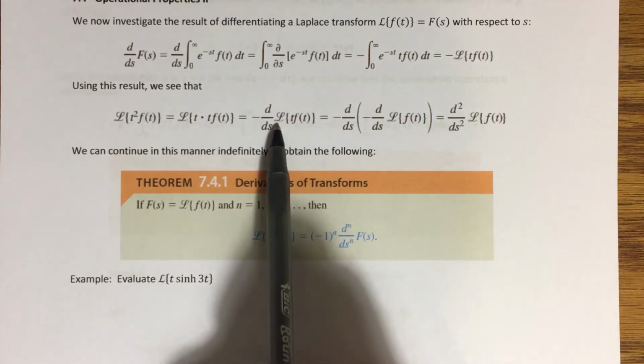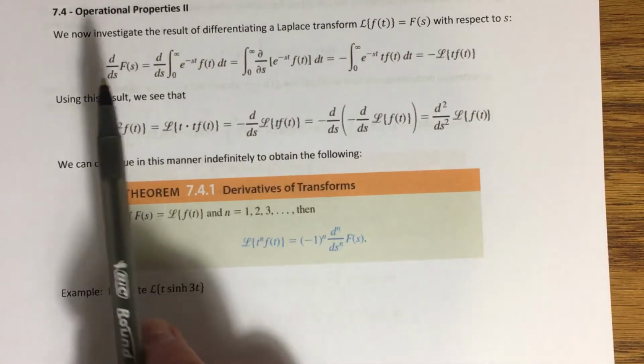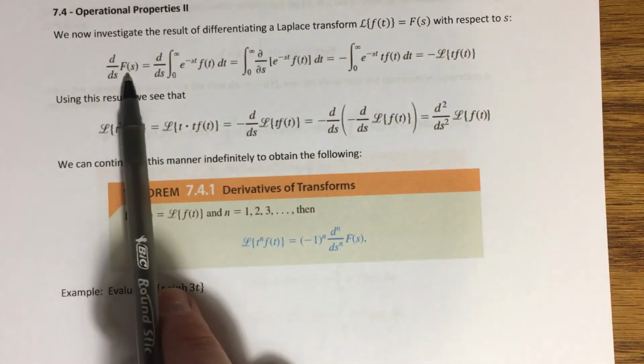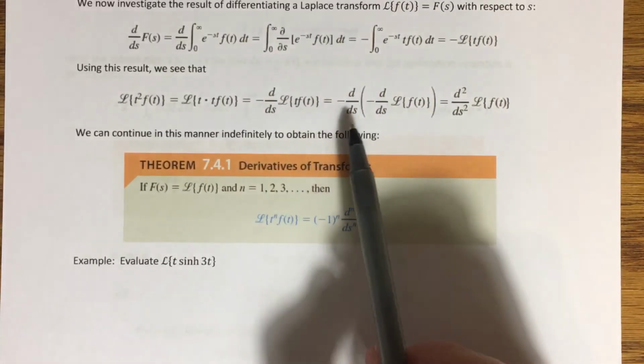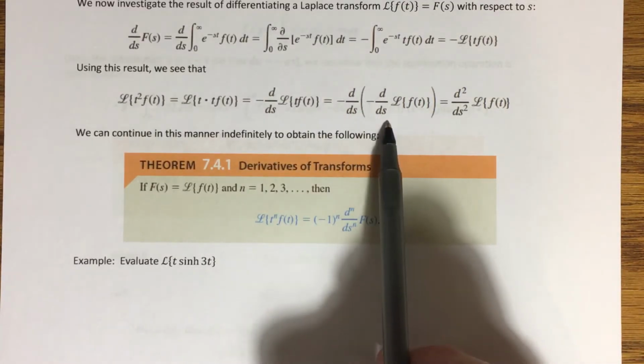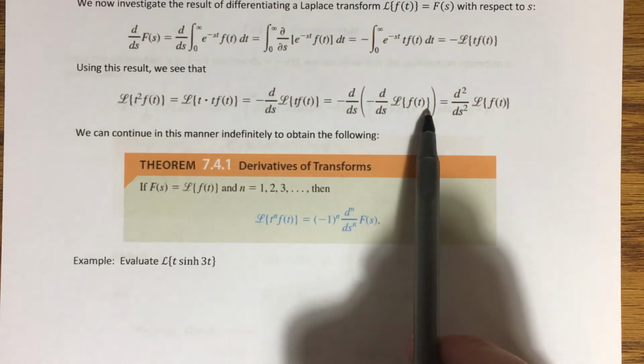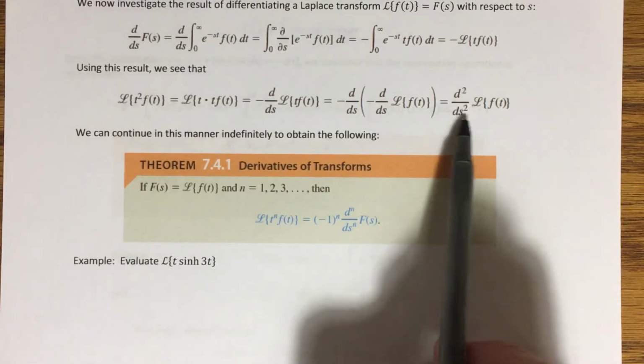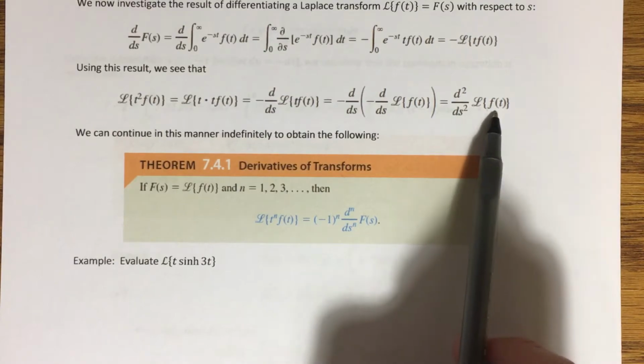But we've already evaluated the Laplace transform of this function in the previous step. It was equal to negative d/ds of capital F of s. And so now what we have is the negative derivative with respect to s of the negative derivative with respect to s of the Laplace transform of f of t, which is the second derivative with respect to s of our Laplace transform of f of t.